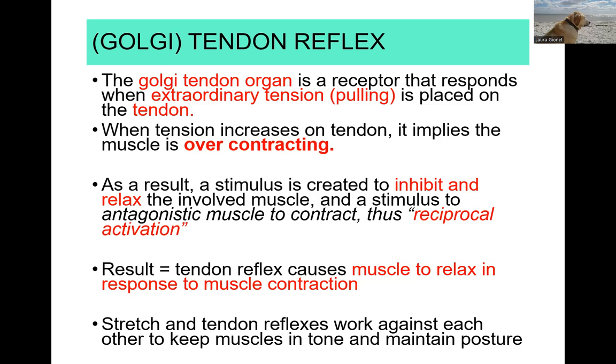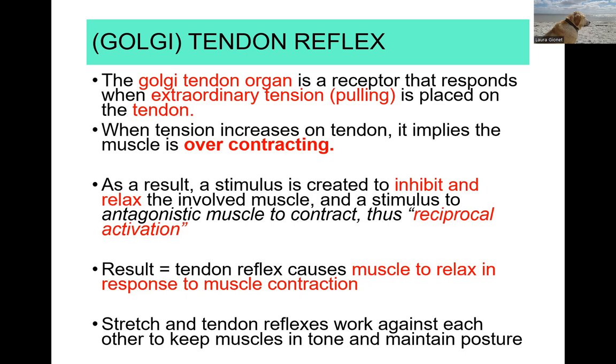If the receptors are found in those tendons, then they are stimulated when the muscle, instead of being stretched, is contracting so hard that it's really pulling on those tendons at the ends of the muscle. The pulling on the tendons stimulates this organ to send signals. As a result, instead of stimulating and contracting that muscle further, we're going to inhibit it.